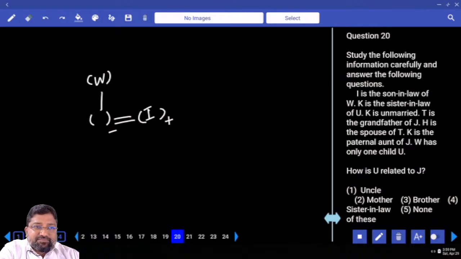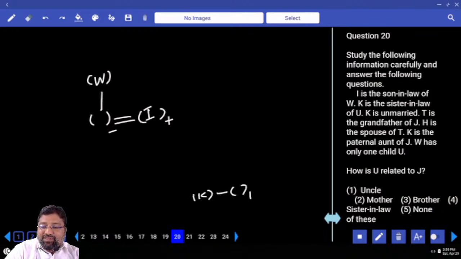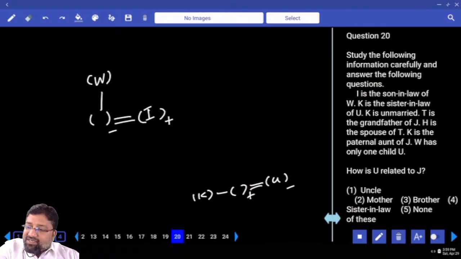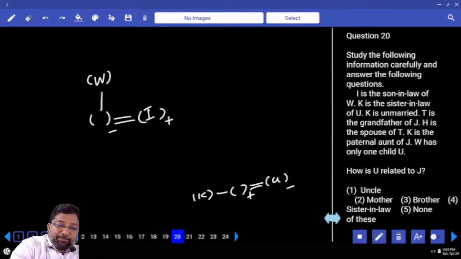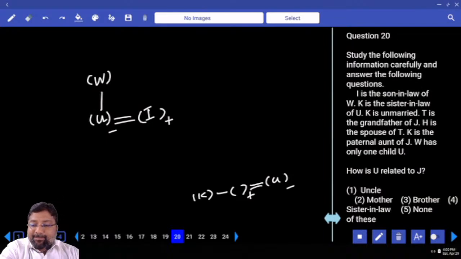Next, since K is unmarried, K's sister-in-law must be the wife of K's brother, U. Right or not? Next, read. T is the grandfather of J. H is the spouse of T. A is the paternal aunt of J. W has only one child, U. W has only one child.